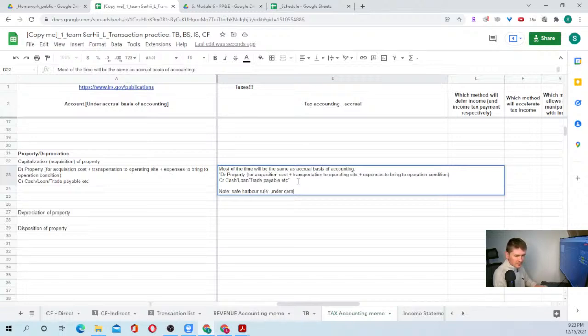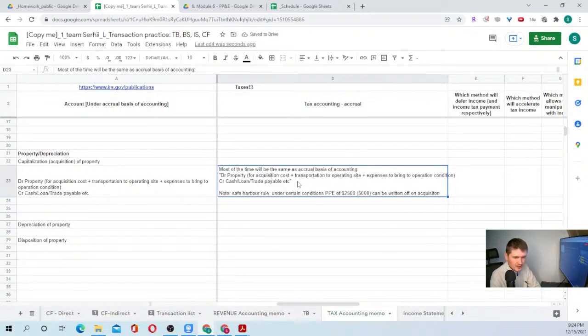Under certain conditions, PP&E of, I believe, 2,500 or 5,000 can be written off on acquisition.